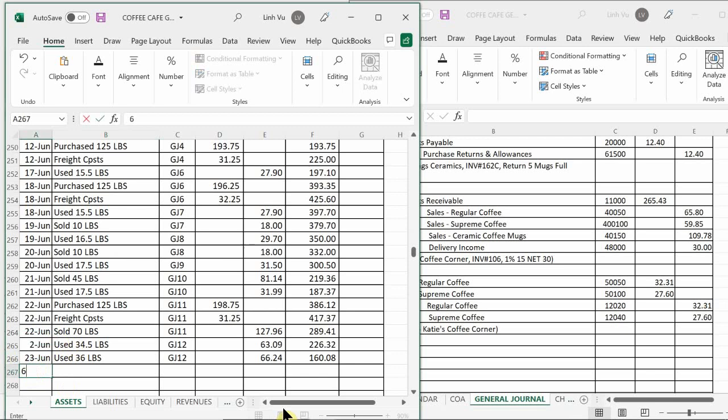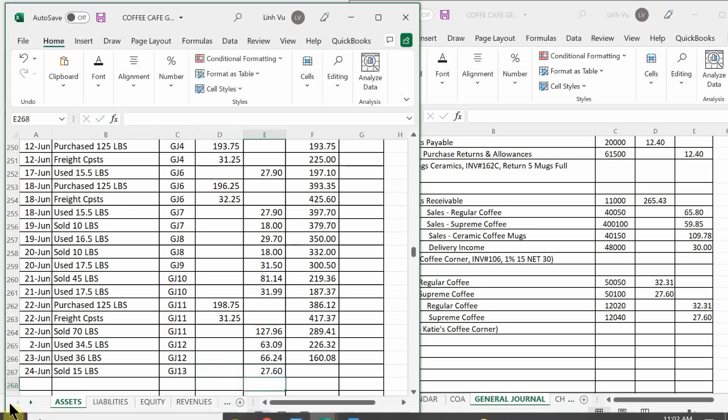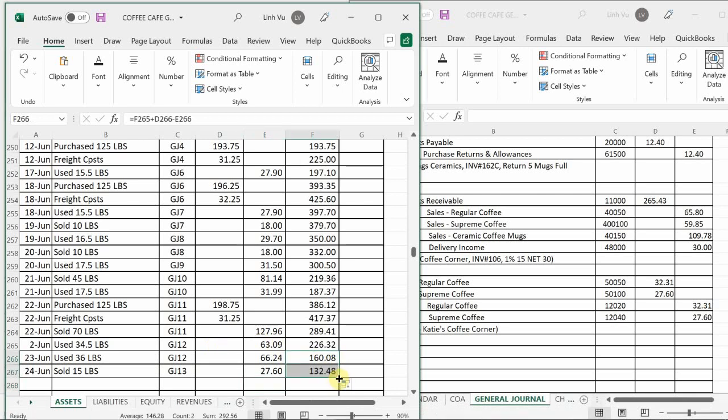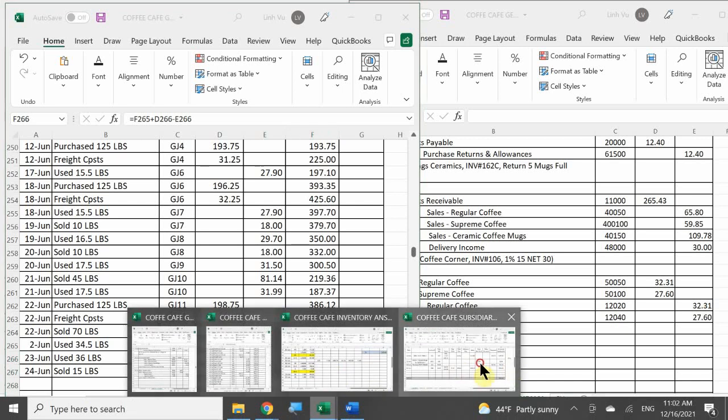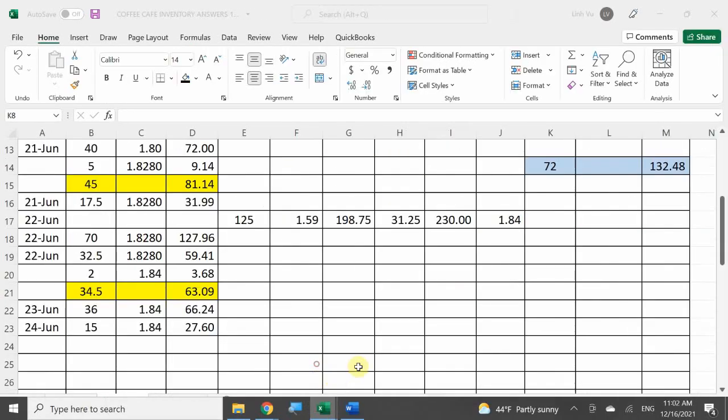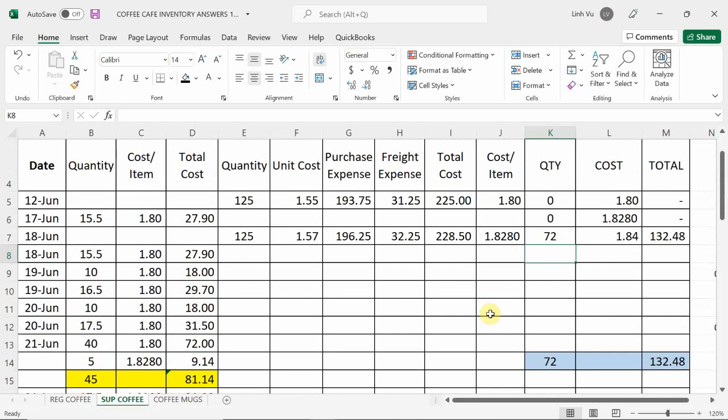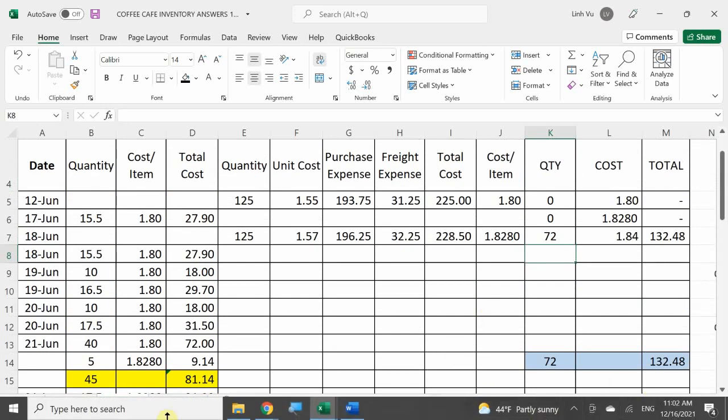Here's Supreme Coffee. How much should I have left remaining? 132.48, which does match my inventory on hand.